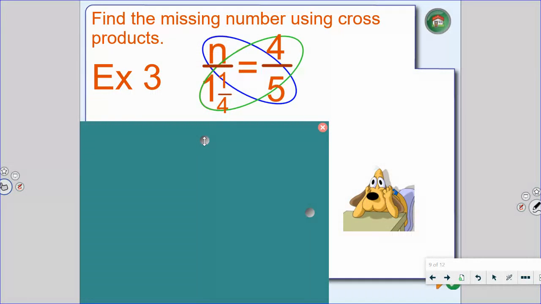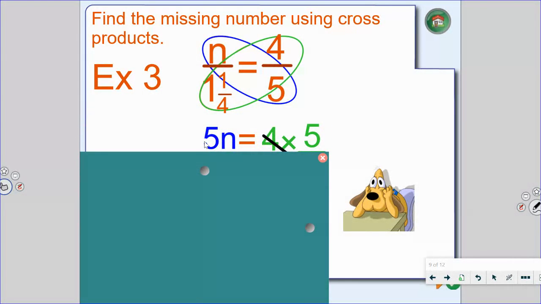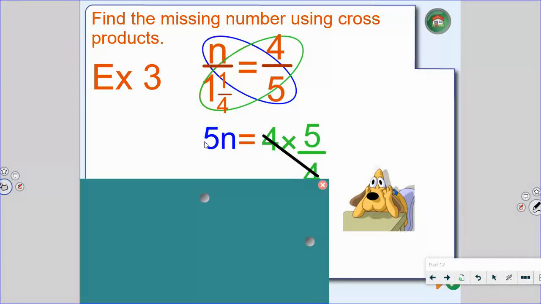All right, let's do one more example, please. Don't fret fractions and mixed numbers. We know how to multiply this. First and foremost, please notice that we're going to multiply diagonally, 5 times n, and 4 times, don't forget, anytime you're multiplying anything that is a mixed number or a whole number, change that and that into improper fractions.